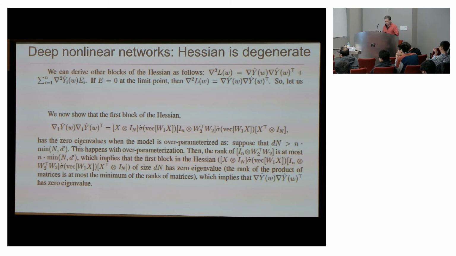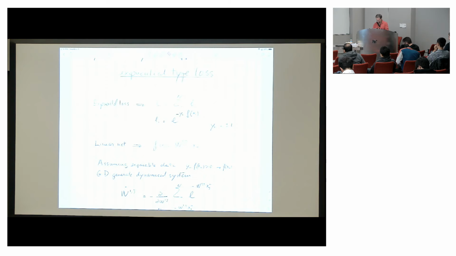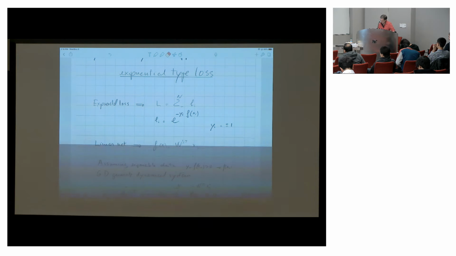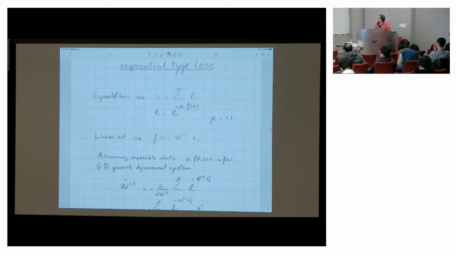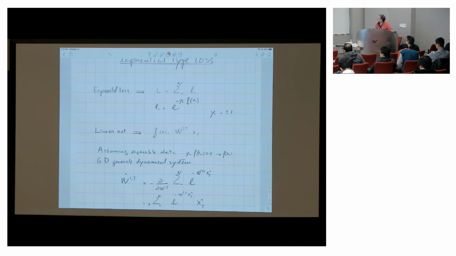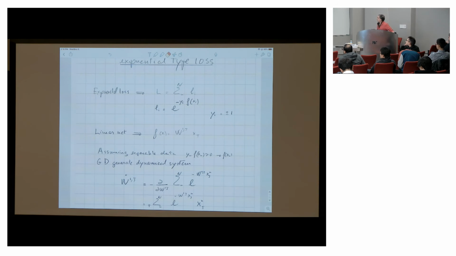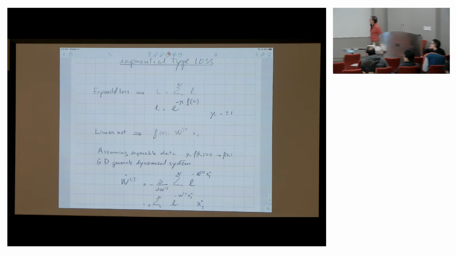But let me go to the more interesting case of exponential loss, logistic cross entropy. Again, more interesting because it's what people mostly use, since deep networks are mostly used for classification. In this case, the loss is a sum of exponential terms.